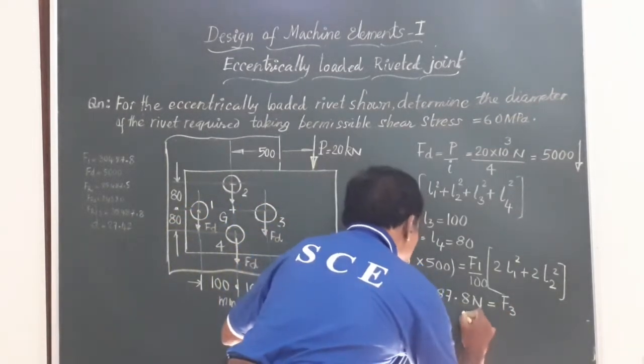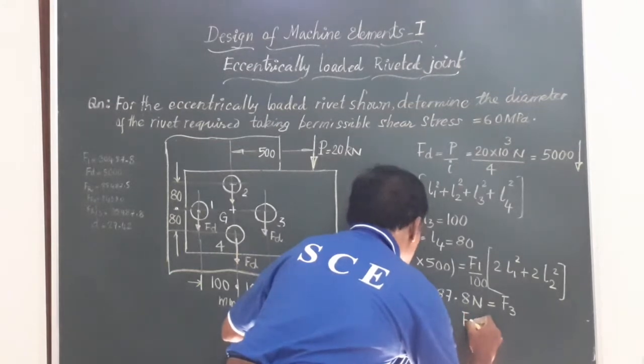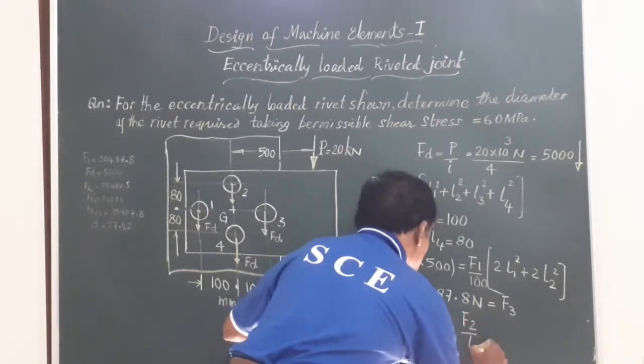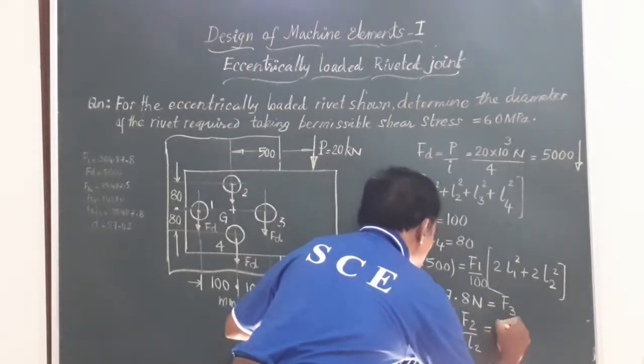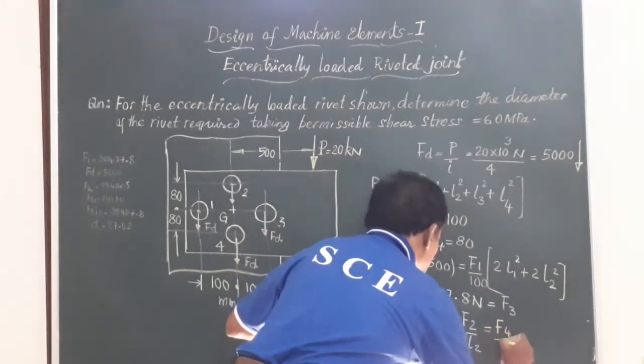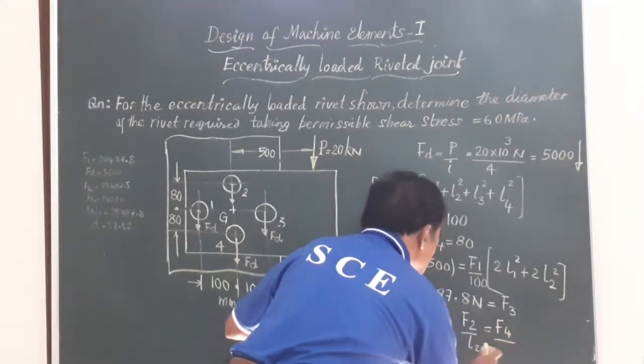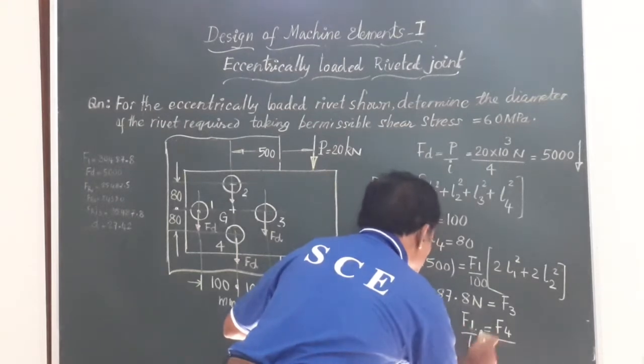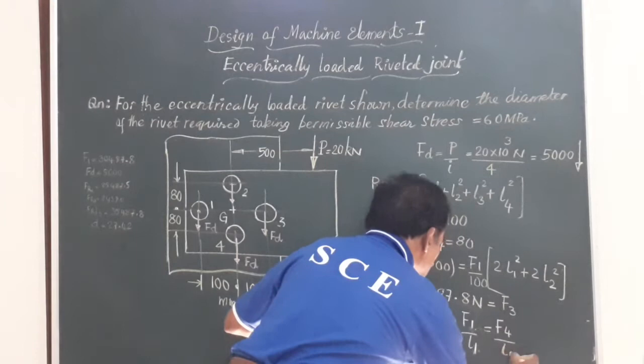That is, we have the formula F2 by L2 is equal to F4 by L4, or you can take F1 by L1 is equal to F4 by L4.